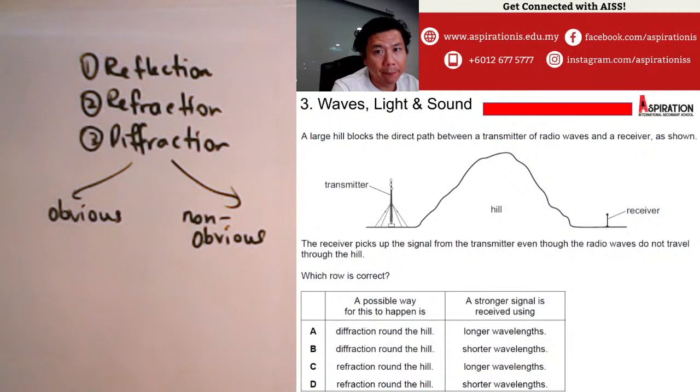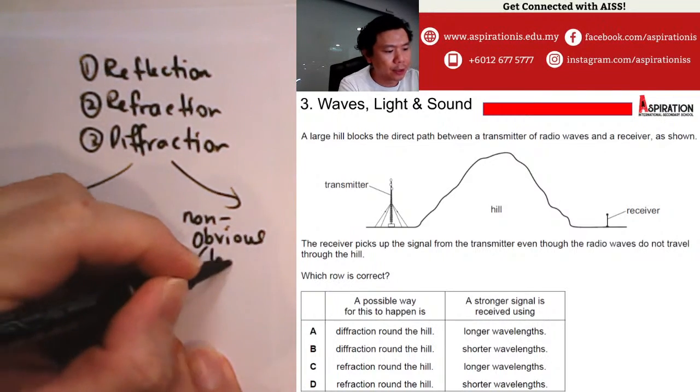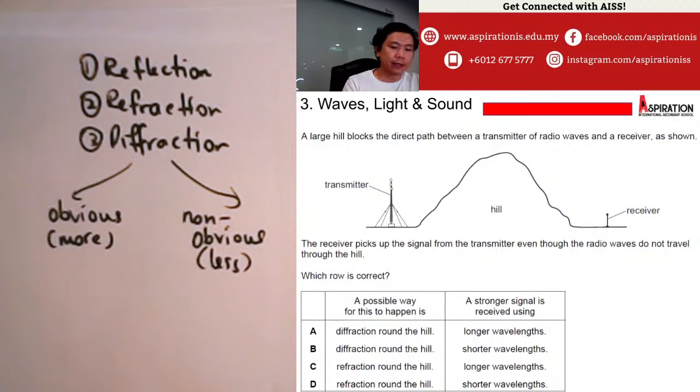I hope you remember what the characteristics of waves are that will more likely go through obvious diffraction, or in IGCSE, they just call this more diffraction, and this one is less diffraction. So what is the characteristic of the wave that will go through more or less diffraction? Very good, Jared. The answer is A.